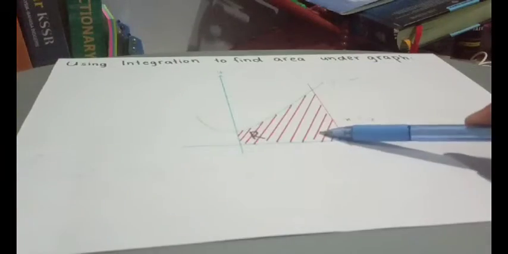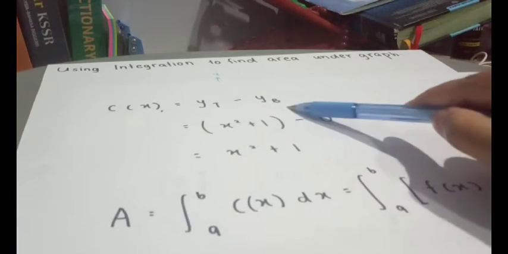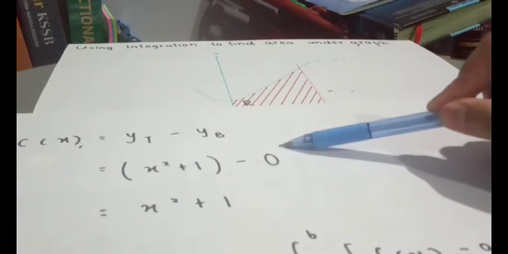So the solution for this question is like this. Cx minus equals yt minus yb. Yt is y equals x squared plus 1, while yb is equal to 0, because it is y equals 0, so it equals 0 itself.